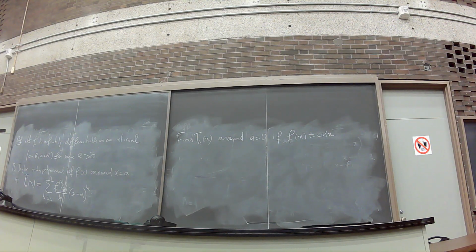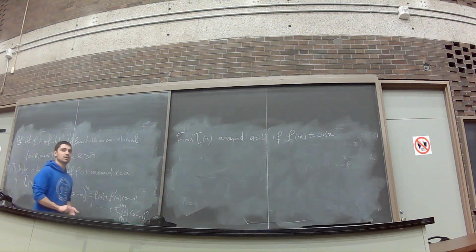What is this really? This is just f of a plus f prime of a times x minus a plus dot dot dot f n of a over n factorial times x minus a to the n. So let's find T4 of x if f of x is equal to cosine x.